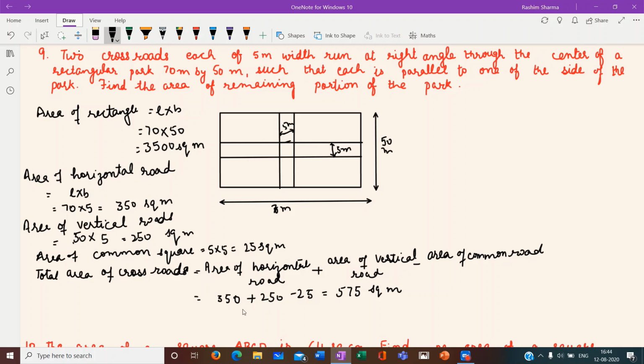The question is to find the area of the remaining park. So the area of the remaining park will be equal to the area of the rectangle, that means the total area of the park, minus the area of roads.